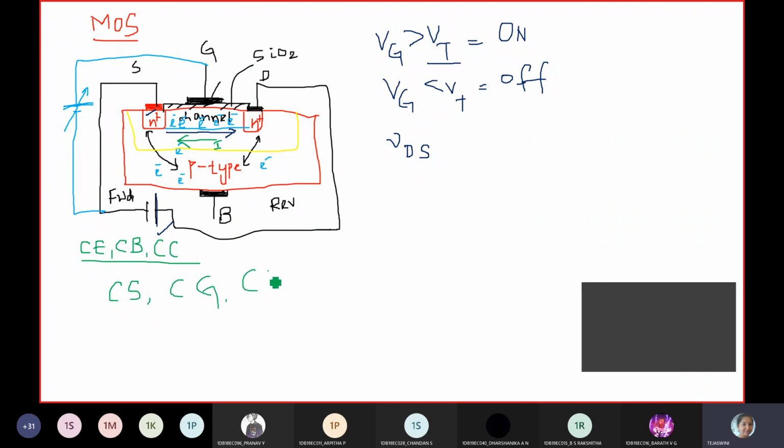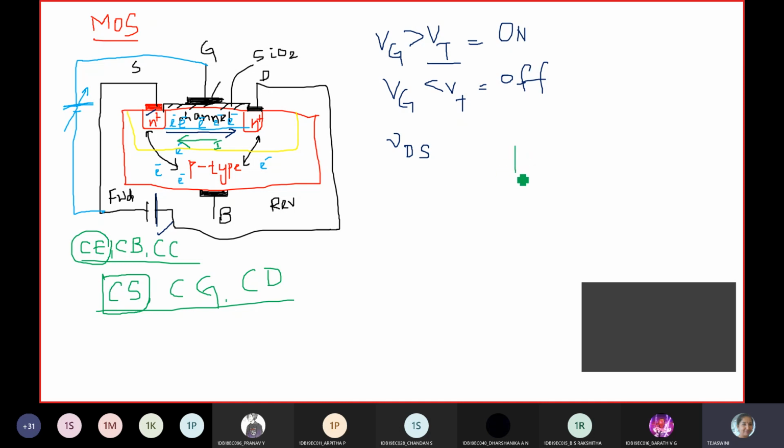There are 3 configurations. In BJT the most frequently used is common emitter. Now here we are going to study the biasing techniques based on common source configuration.